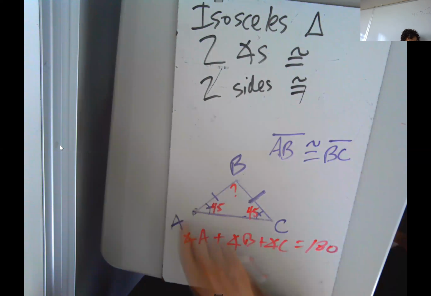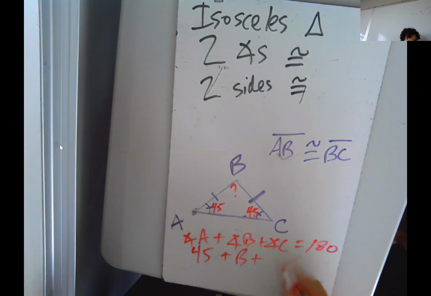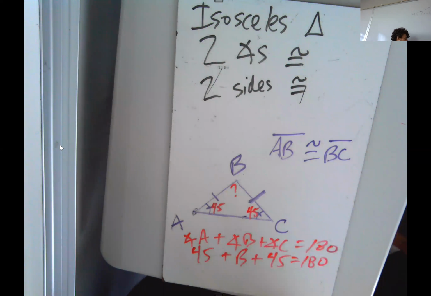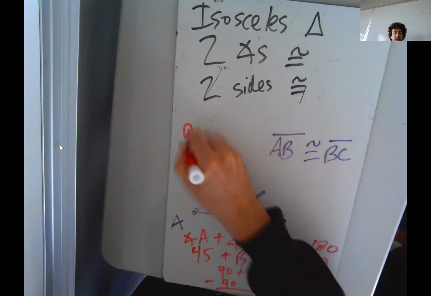And substitute, because you know angle A is 45. And angle C is also 45. So 45 plus B plus 45 equals 180. Combine like terms, 45 plus 45 is 90. So 90 plus B equals 180. Now subtract from both sides and get that B equals 180 minus 90. So B is 90 degrees.